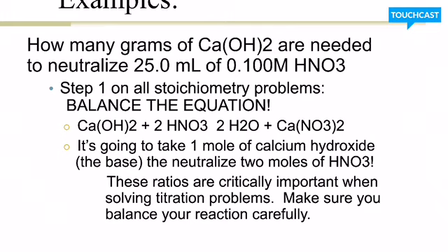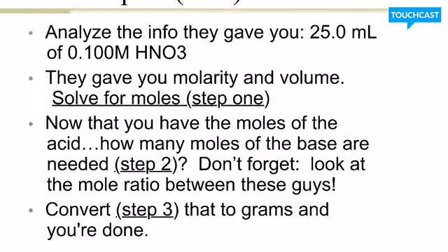So I lost my little yield sign here. Here you go. So it looks like nitric acid and calcium hydroxide do not have a 1-to-1 ratio. Do you see how it's a 2-to-1 ratio? All right, it's going to take 1 mole of calcium hydroxide, the base, to neutralize 2 moles of your acid. So these ratios are really important when solving a titration problem.